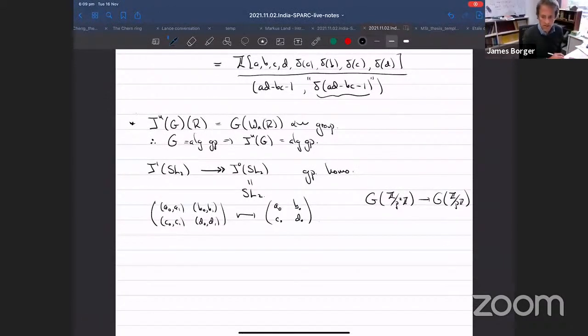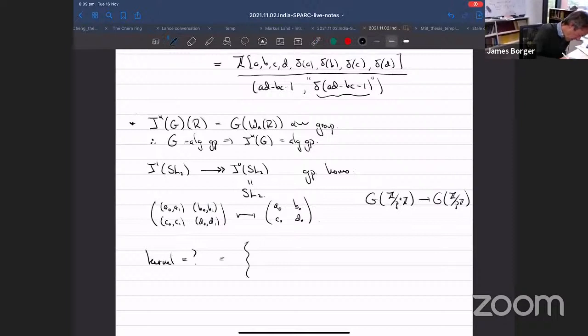So we can ask ourselves, what is the kernel? Well, it's not that hard to determine. It's the set of matrices like this which reduce to the identity matrix. So A0 and D0 are both 1, B0 and C0 are both 0. And then we can even just take that out, so let me write it this way.